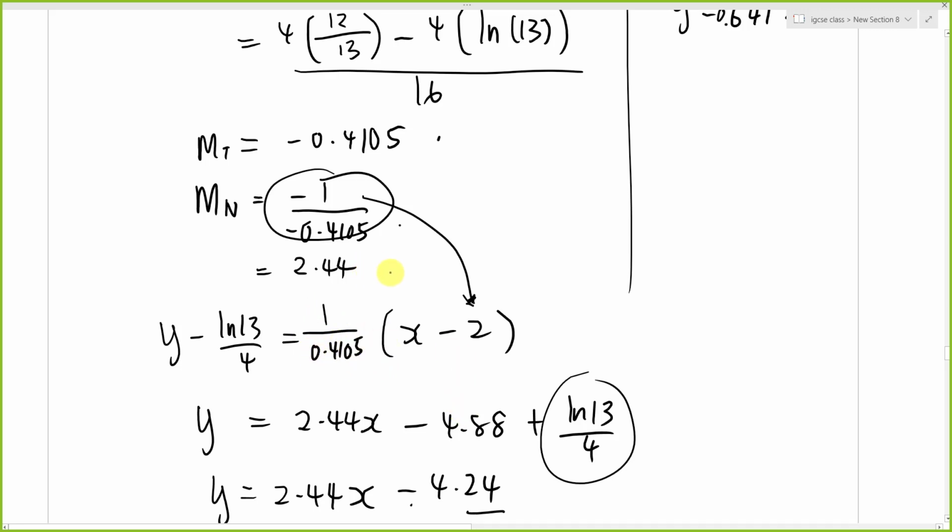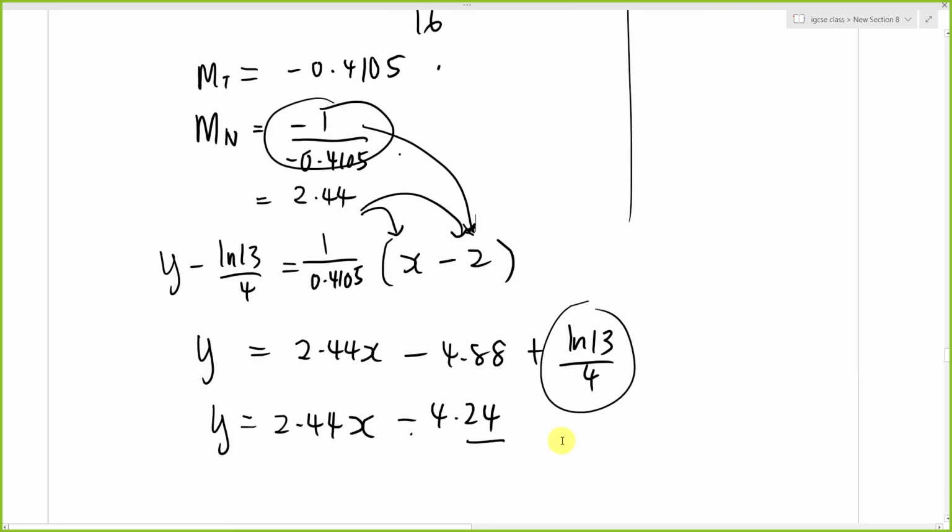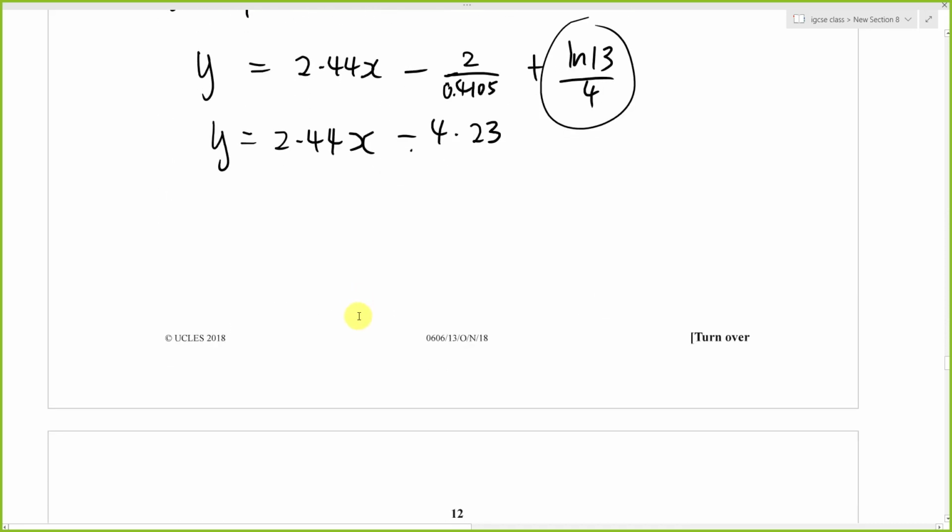You have to use this value to multiply both here, then you plus the ln 13 over 4. You will get exactly the same answer. So you kind of need to do something like 2 over 0.4105. That means you round off at the end. Because I thought I rounded off the gradient already, we could straight away insert it, but if you do that, you will not get the very accurate answer. So yeah, round off at the final step.